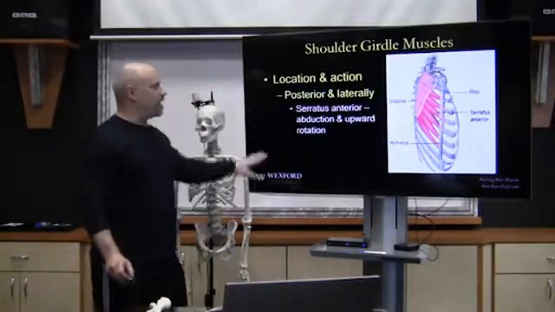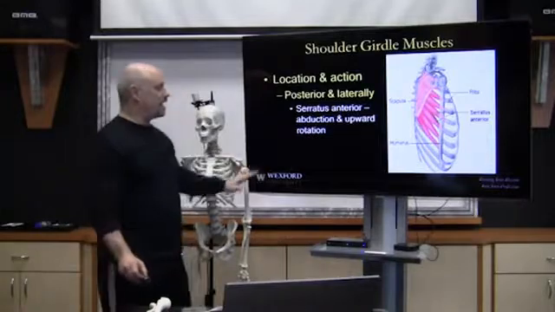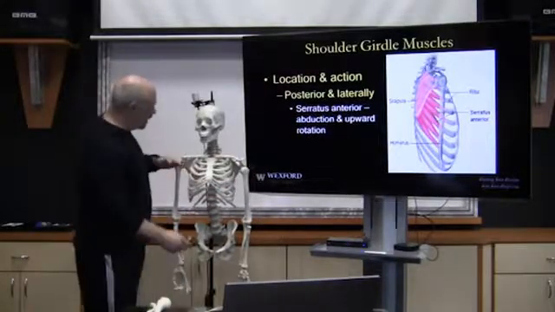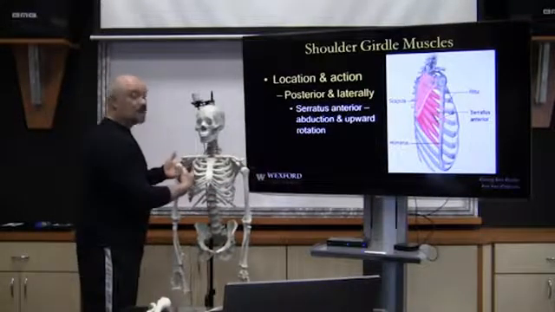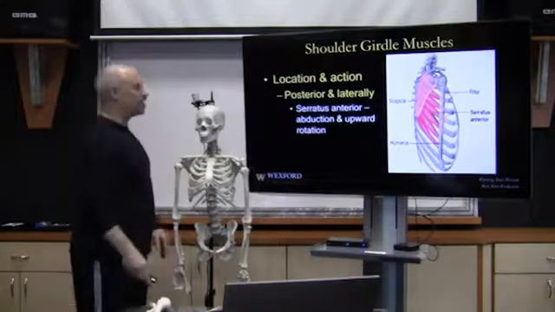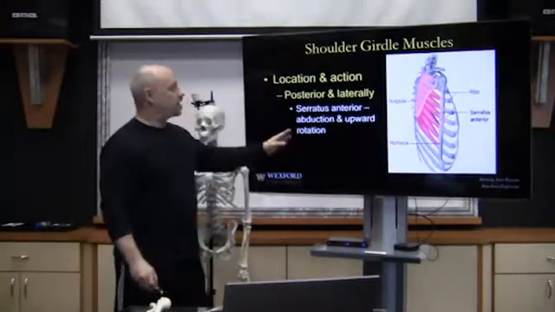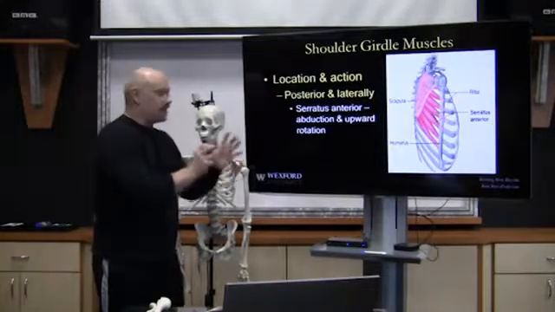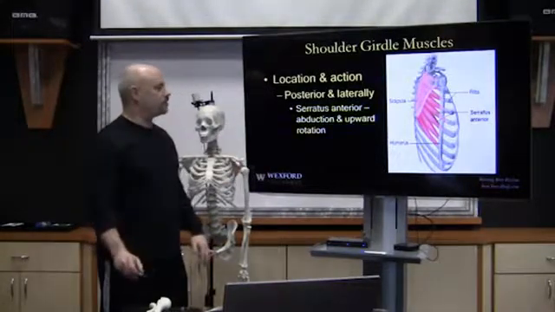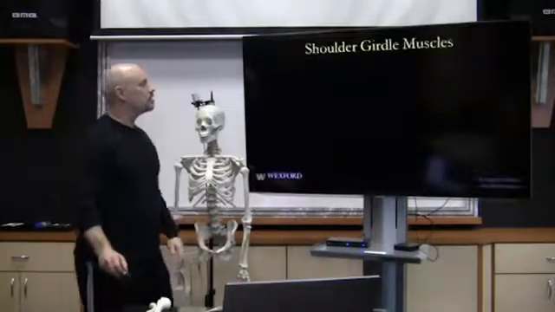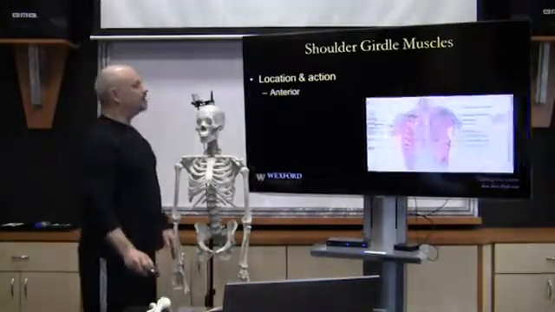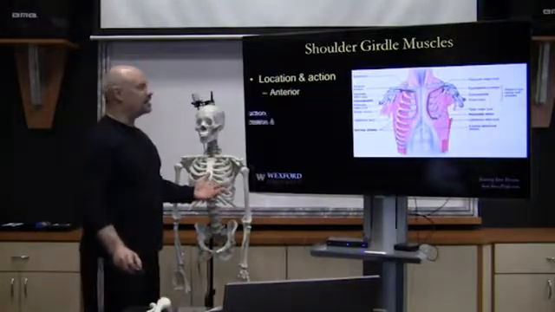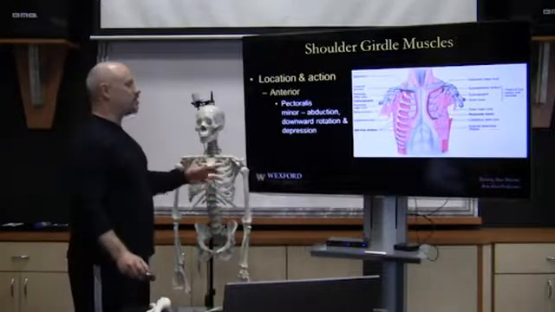Posteriorly and laterally, we have the serratus anterior, and it's attached to the rib cage and attaches to the underside of the scapula. It causes abduction, pulls shoulders away from the spine and rotates it upward. Next, we have the anterior side, which has the pectoralis minor.